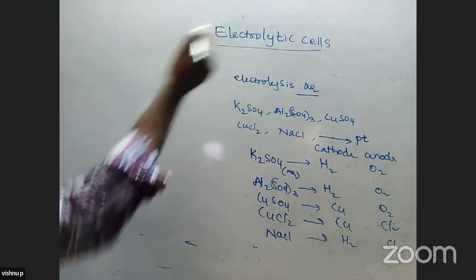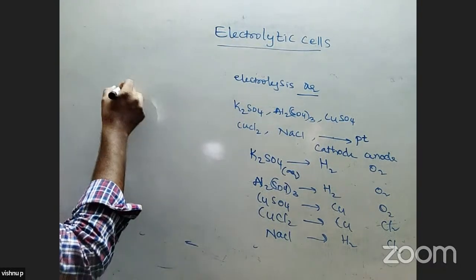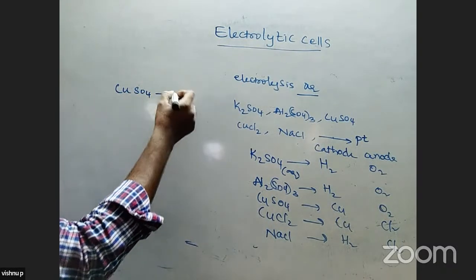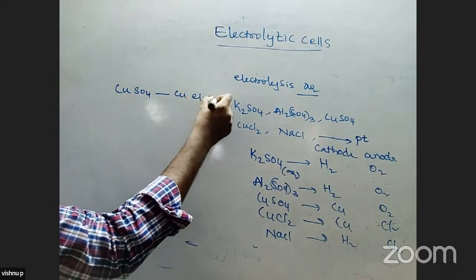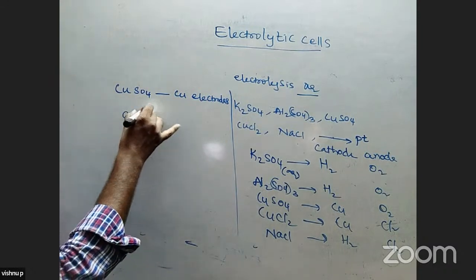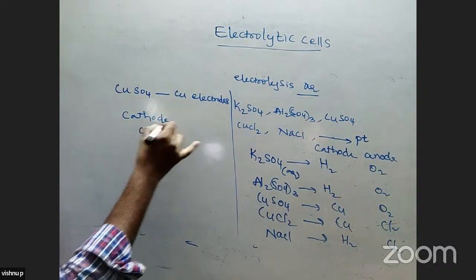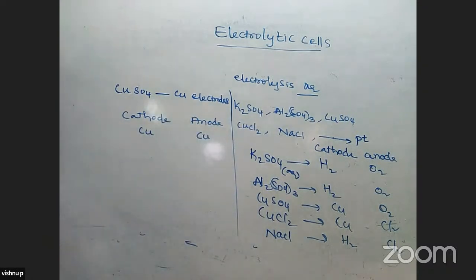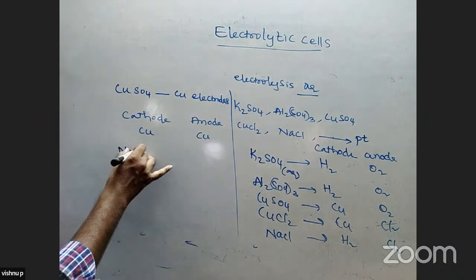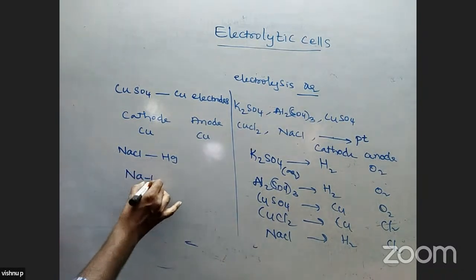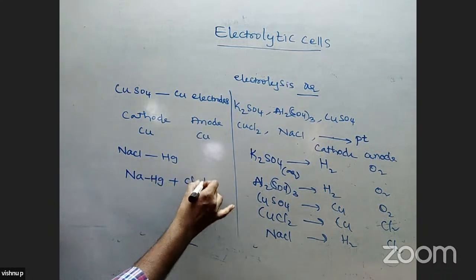Next, use copper sulfate with copper electrodes, not inert. If you use active electrodes, at the cathode copper is deposited, and at the anode copper dissolves. If you use NaCl with a mercury electrode, we get sodium amalgam, and chlorine gas is evolved.